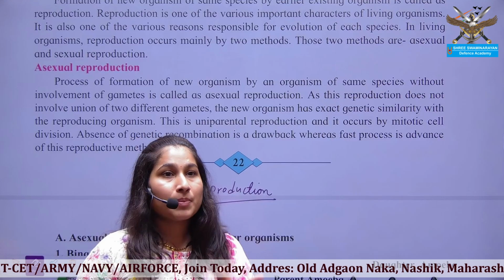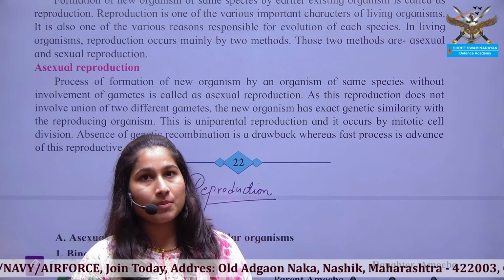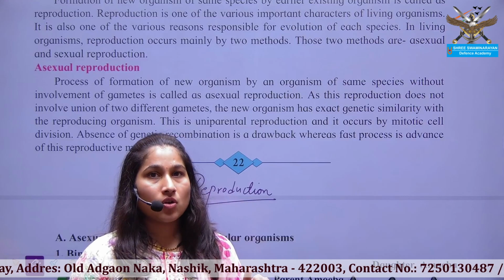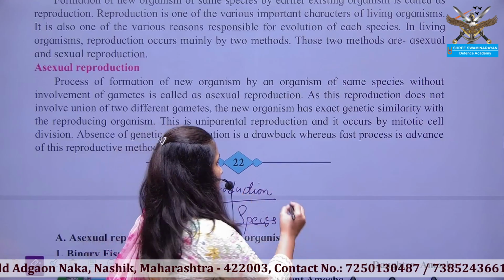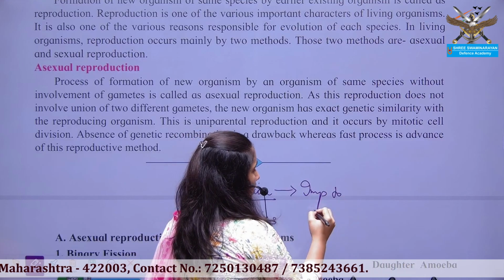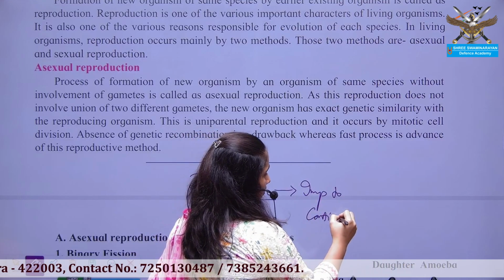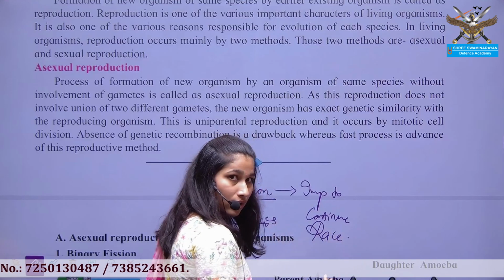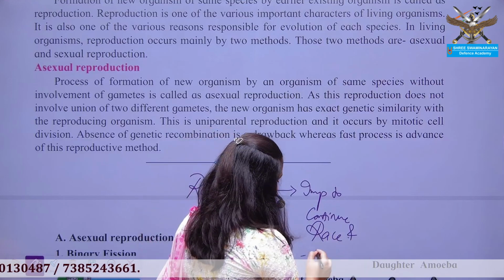Is this favorable for the ecology or environment? No. So to maintain the balance of the ecology, reproduction is important to continue the race, or you can say the species.